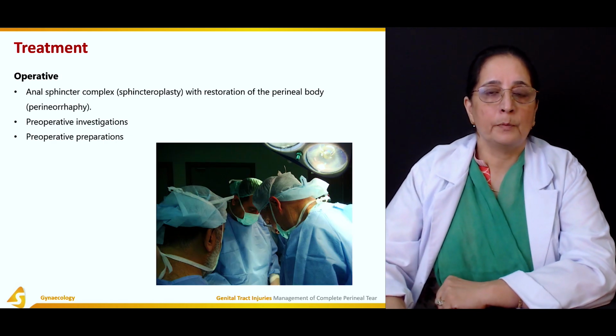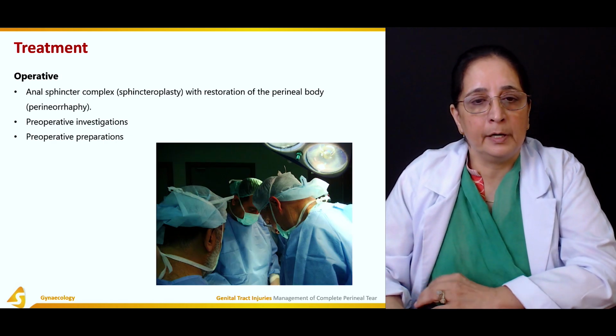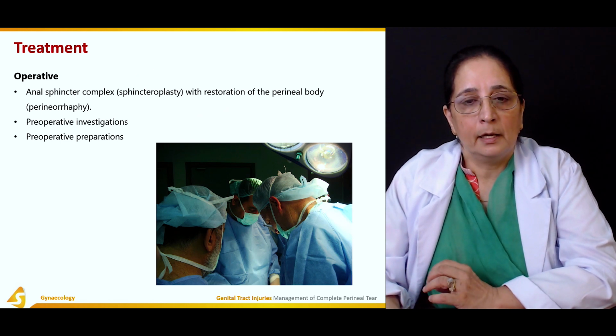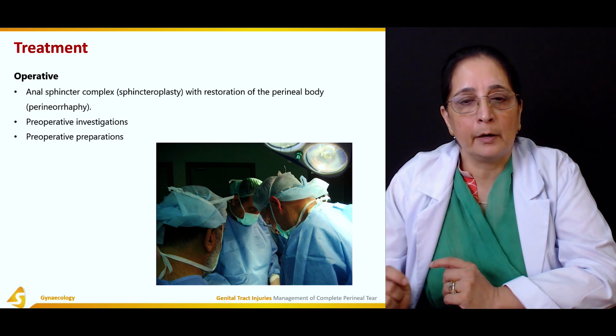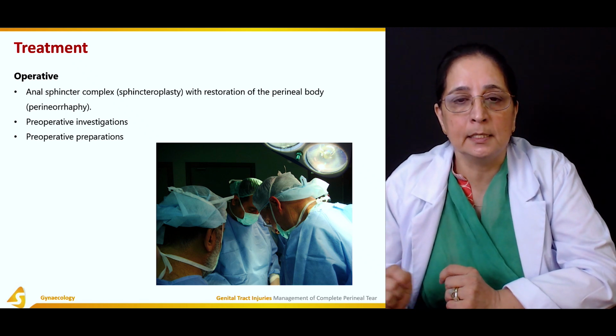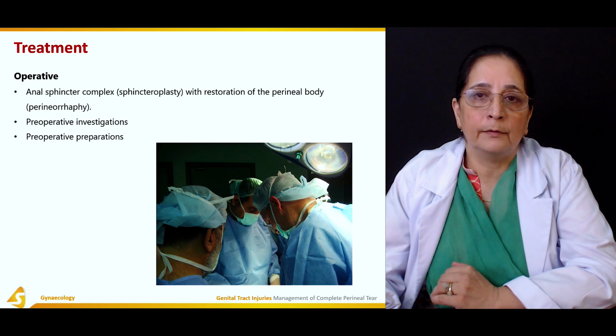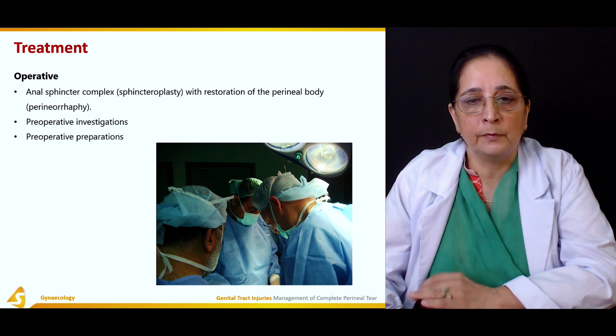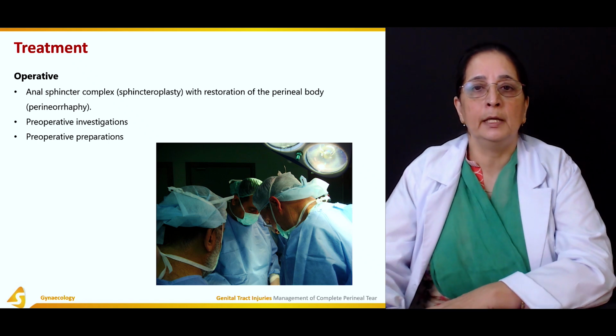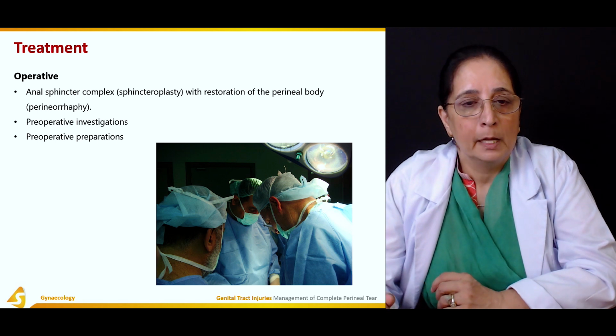Next treatment option is operative: repair of the anal sphincter complex, which is known as sphincteroplasty. Plasty is the repair. So it is repair of the anal complex with restoration of the perineal body.